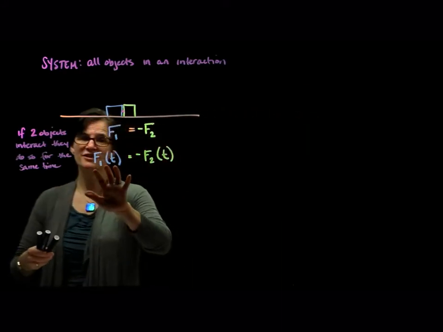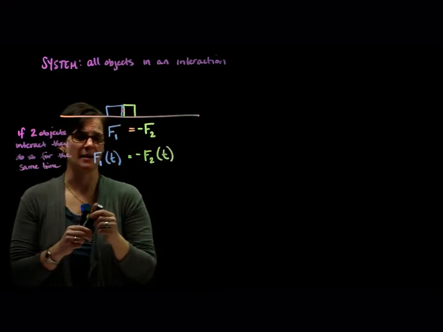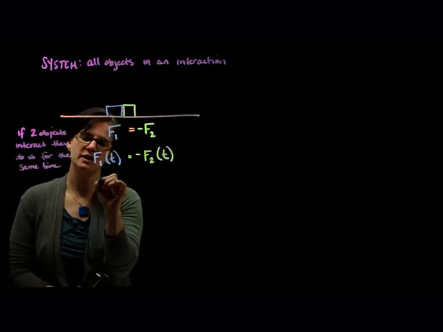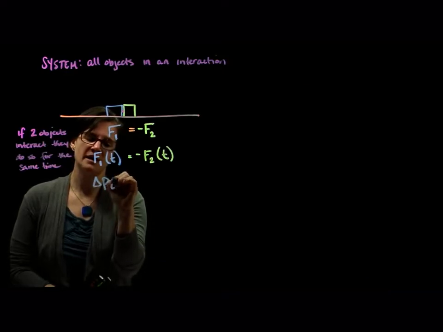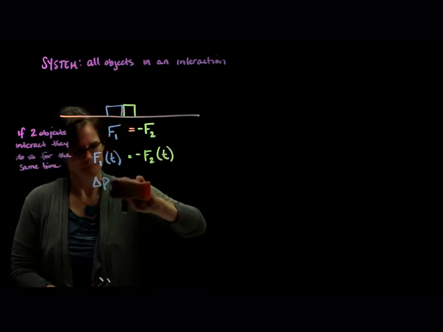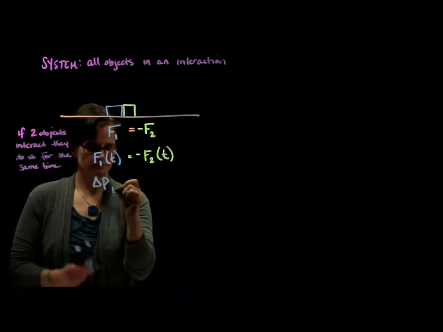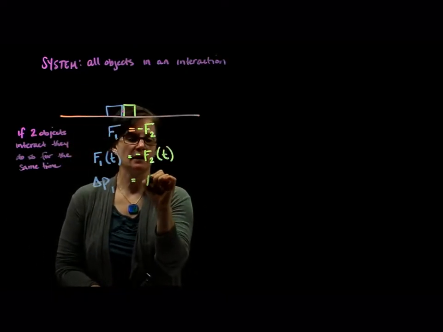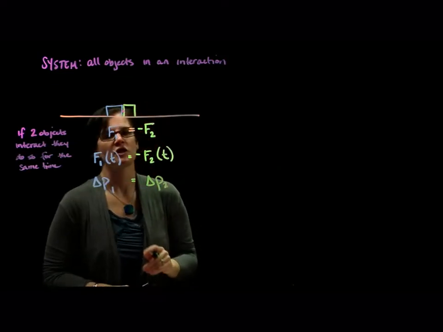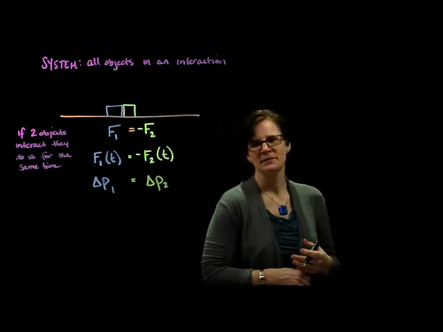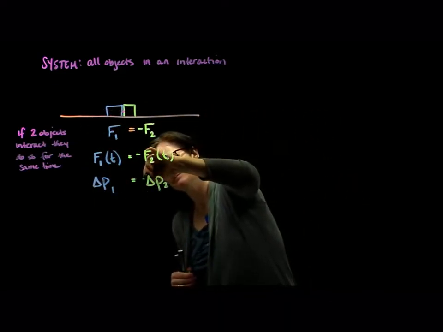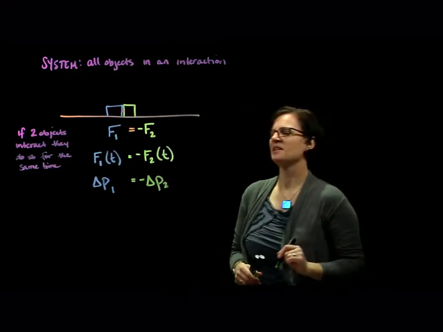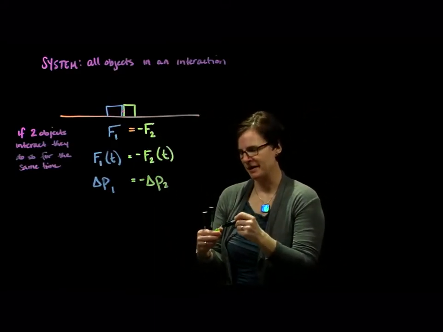So we know that if they're interacting for that certain amount of time, they're experiencing the same force. Well, then their change in momentum has to be the same. If their force is the same and their time is the same, their change in momentum has to be the same, in an opposite direction. So let's pull that apart a little bit.